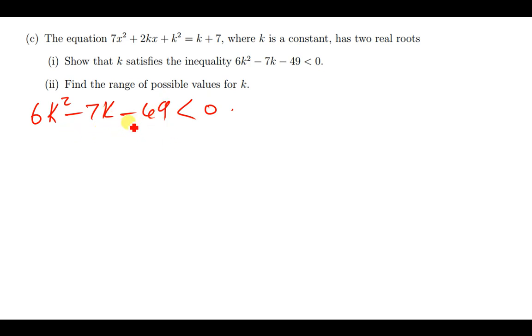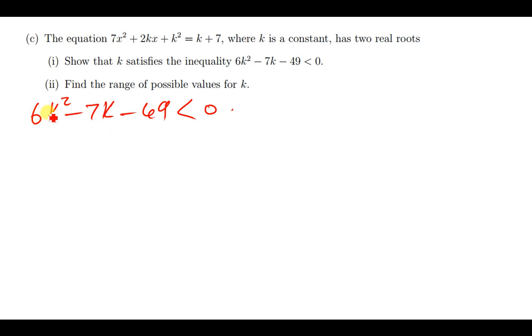If we want to do it quickly, we can use the formula method, which may be easier, but we can also use the factorization method.